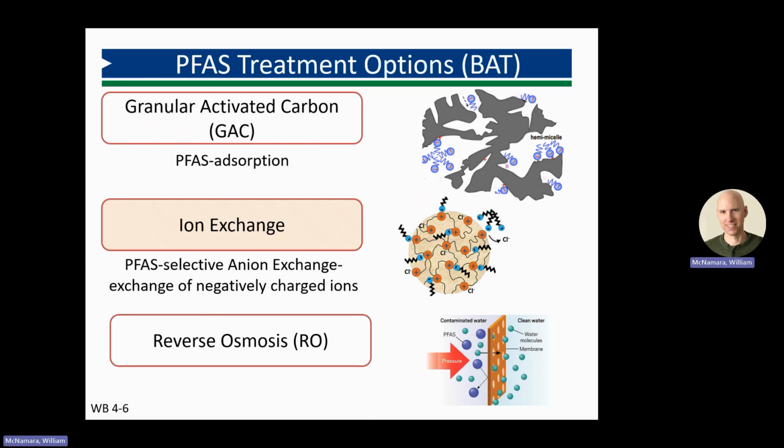Then we have reverse osmosis, which is basically a membrane filtration that simply blocks out large molecules like PFAS while allowing small molecules through with the water. So just wanted to mention these are the best available technologies for PFAS treatment. You'd be working with DEP permitting staff to work through what would take place for permitting of any of these treatments.